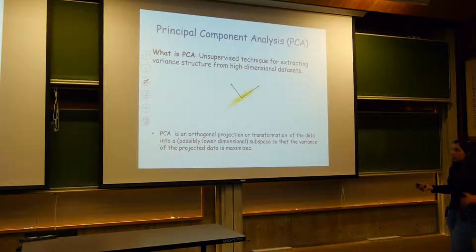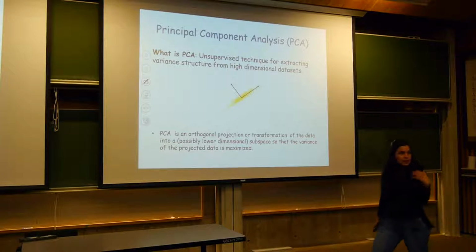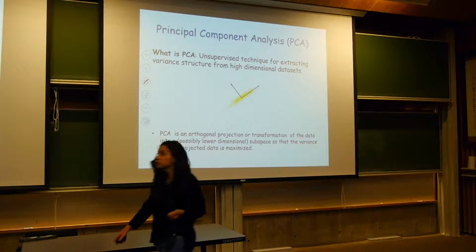Another way to say it: PCA is an orthogonal projection or transformation into a possibly lower-dimensional subspace, so that the variance of the projected data on that subspace is maximized out of all possible subspaces of the same dimension. Okay, so this is roughly speaking what PCA is.